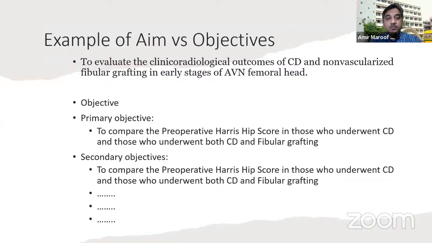If you are converting this aim to a primary objective, I have converted it here. The primary objective of the study is to compare the pre-operative Harris Hip Score in those who underwent core decompression and those who underwent both core decompression and fibular grafting. So this is the primary objective of the study. Now you can appreciate the difference between the aim, that is the top sentence, which does not mention the outcome measure.